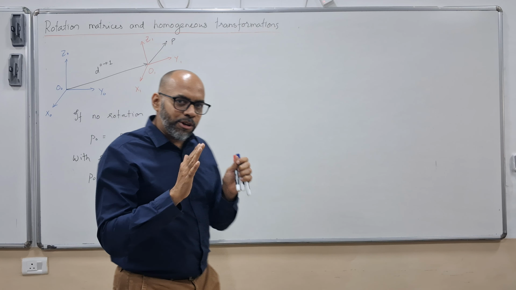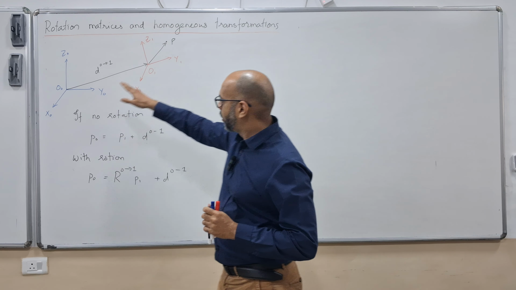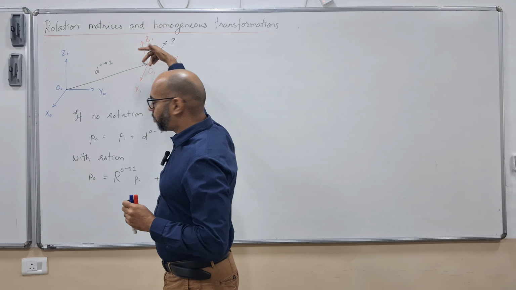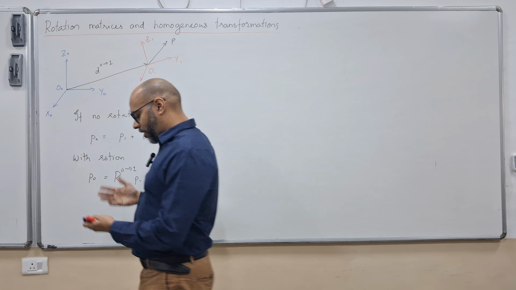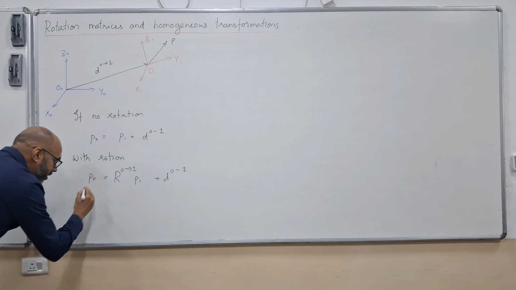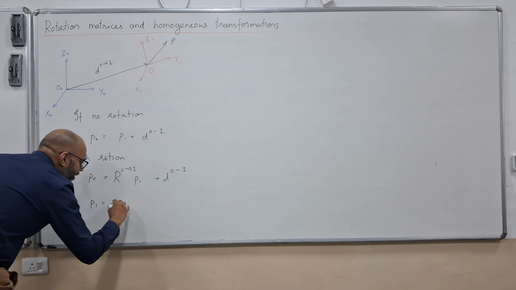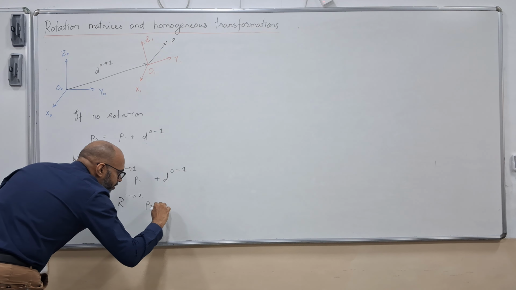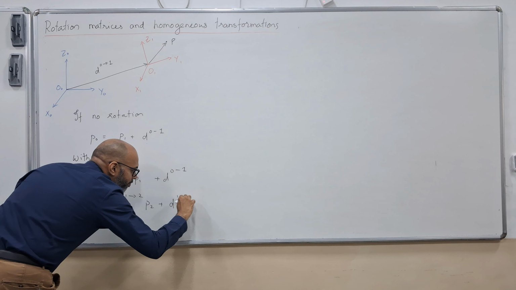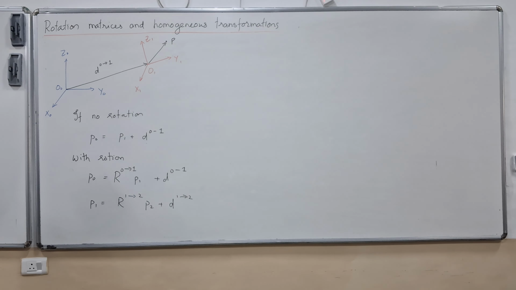Where it gets a little bit more complicated is when you have a sequence of such transformations. Now this translation plus rotation together is referred to as a homogeneous transformation. Now when we have multiple of these, so now I have P1 is equal to R1 to 2 P2 plus D1 to 2. I'm not drawing it here, otherwise it will be too complicated.